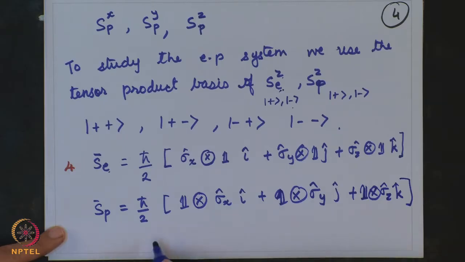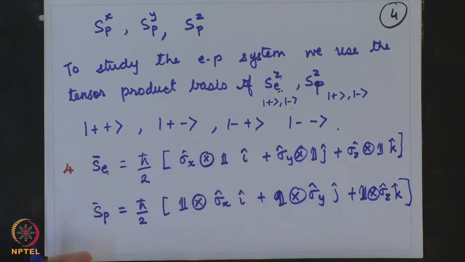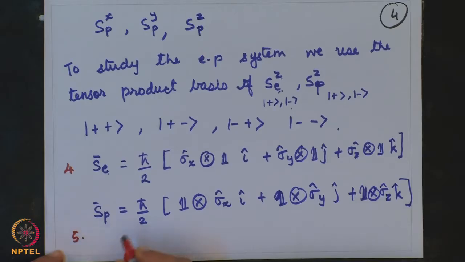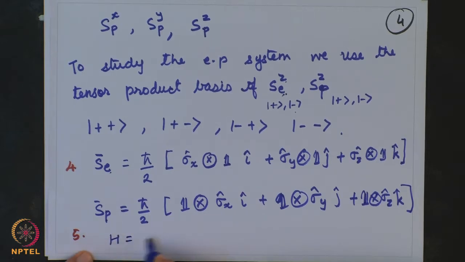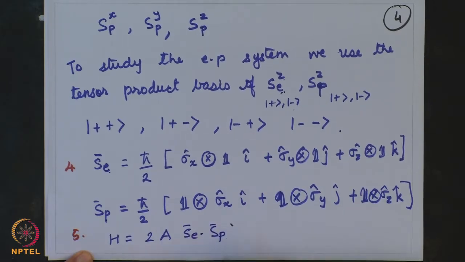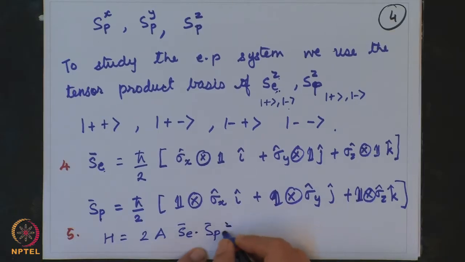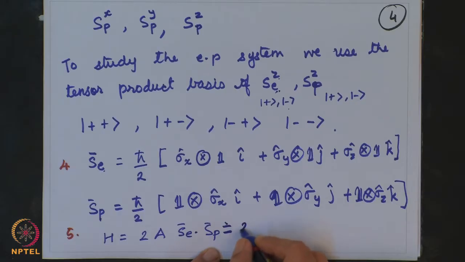Alright. Now, since you know what is Se and Sp, you can write your Hamiltonian which is given to you as 2A Se dot Sp. When you do this dot product, you will do the tensorial multiplication.